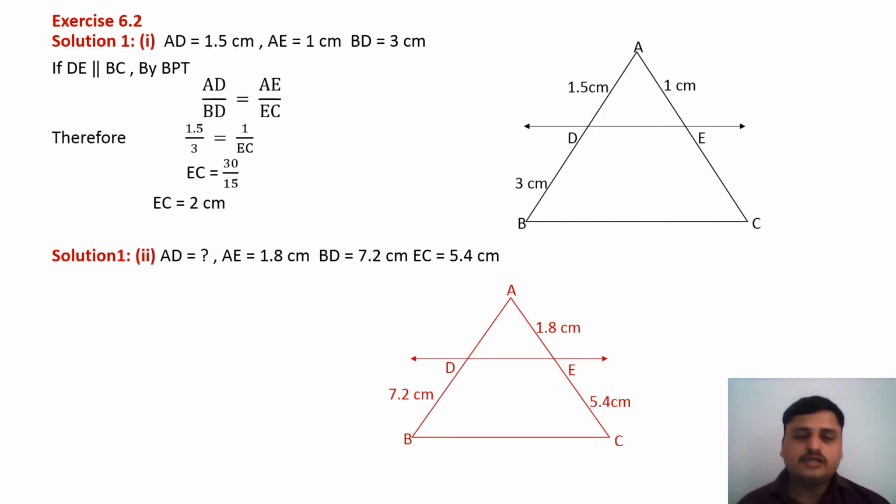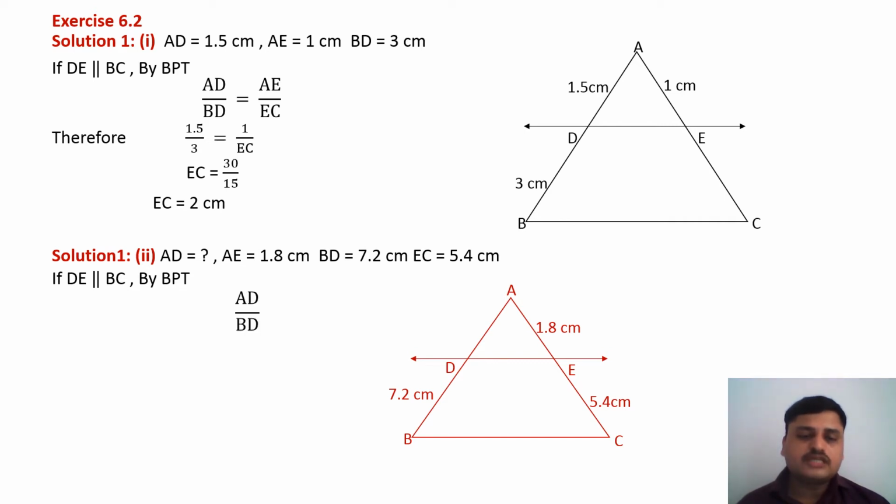Now in this one, you can see that we need to calculate AD. AE is equal to 1.8, BD is equal to 7.2, EC is equal to 5.4, and it is also given that DE is parallel to BC. So we can use BPT, the basic proportionality theorem.